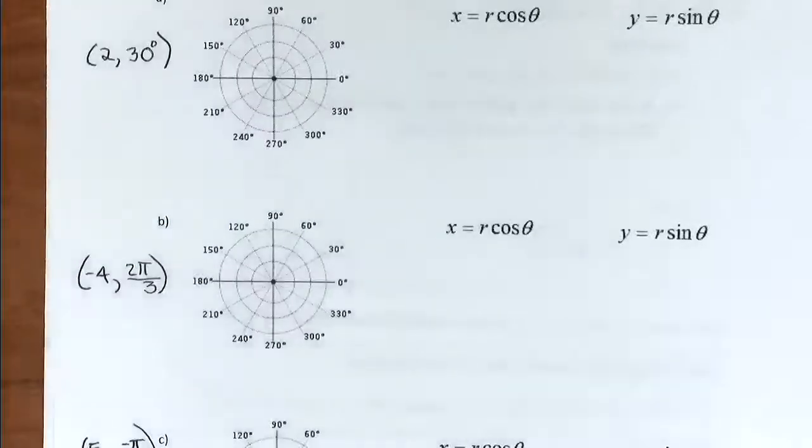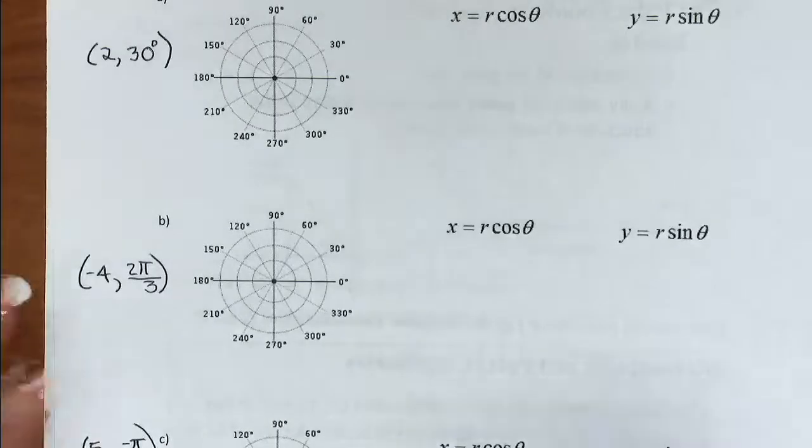Okay, so I chose these 3 examples because I wanted you to know how to plot the easiest of the cases when there's no negatives, what to do when there's a negative r, and what to do when there's a negative angle back here. So I gave you 1 of each. Those are the 3 you'll find in my math lab.